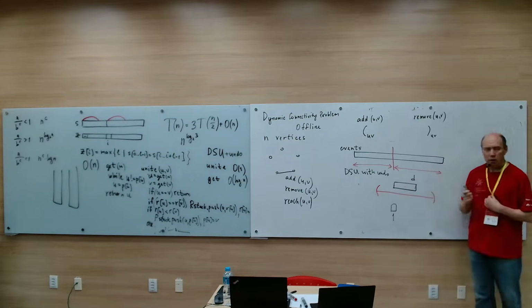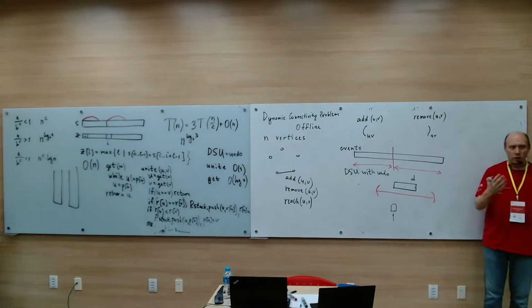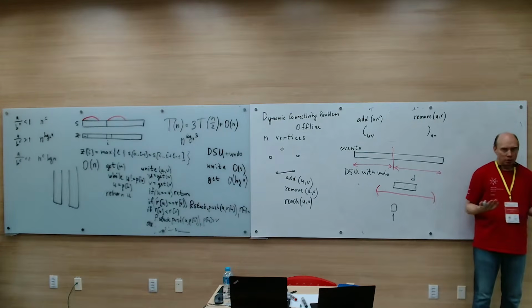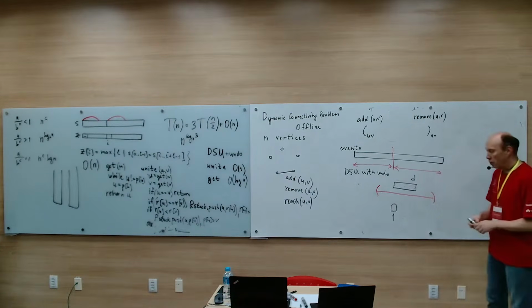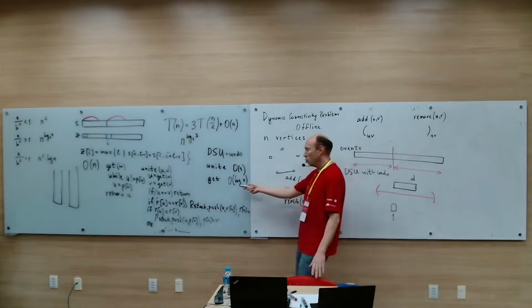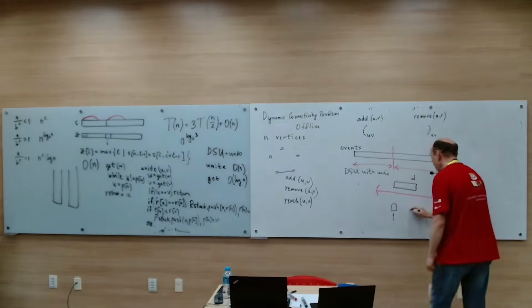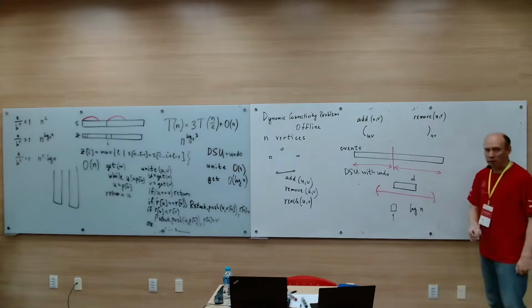Our DSU with undo contains just the information about all the edges that exist now. So we use it to answer our query, in which we use gets, which is logarithm time. So in logarithm n time, we answer the query.